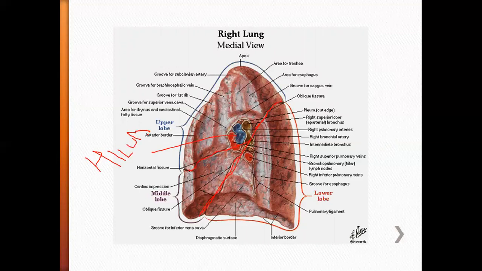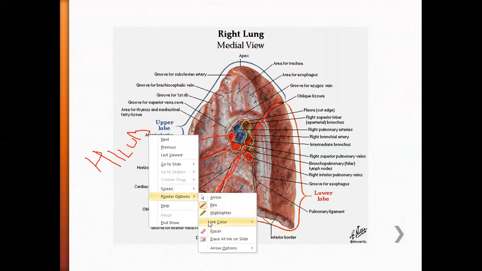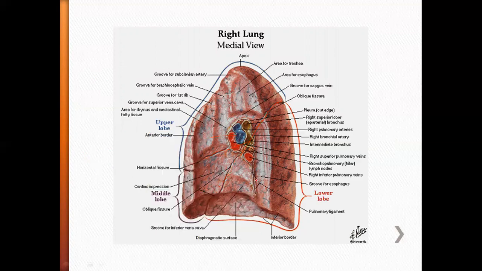Generally, what is a root? Take a plant. When there is a plant, it always has a root. Through the roots only, the plant gets all kinds of nutrition. Same concept here also. This part, the center part, is called the root of the lung or hilum of the lung. Why?